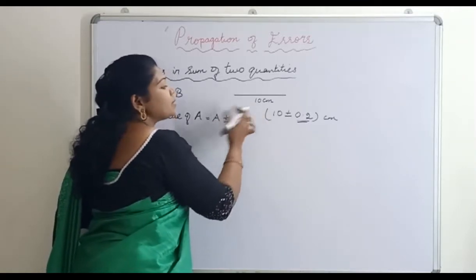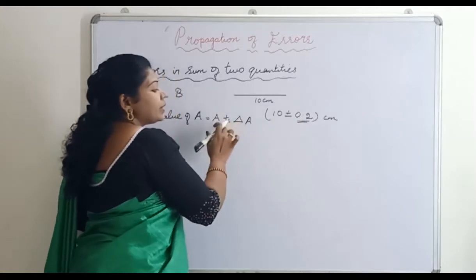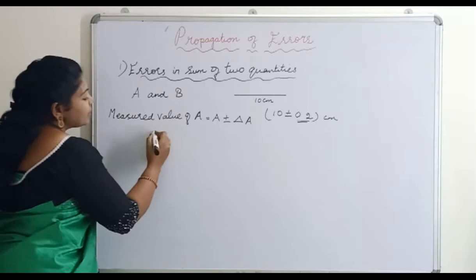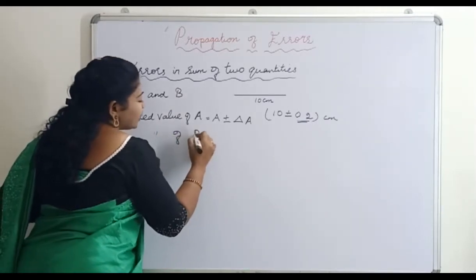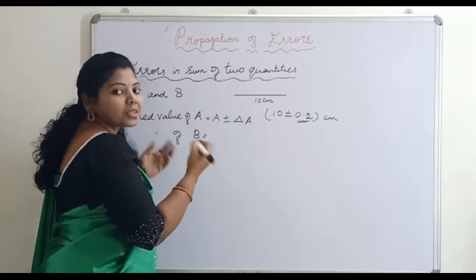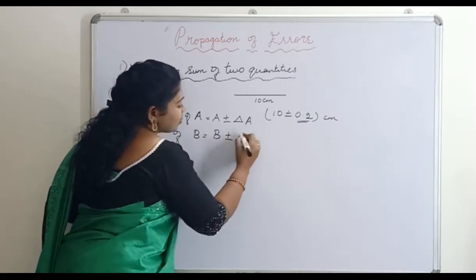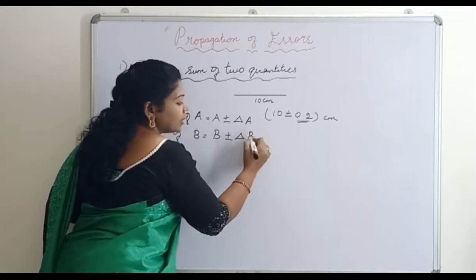It may be plus 0.2 centimeter or it may be minus 0.2 centimeter. Similarly, the measured value of B, I am taking another wire and measuring the length, and I get B plus or minus delta B.